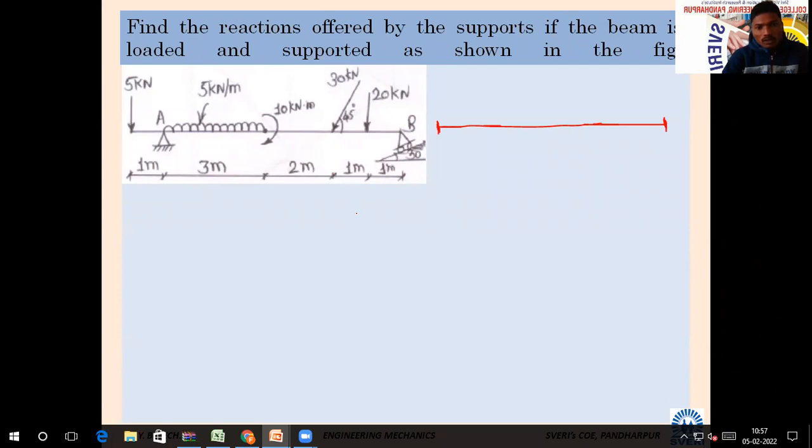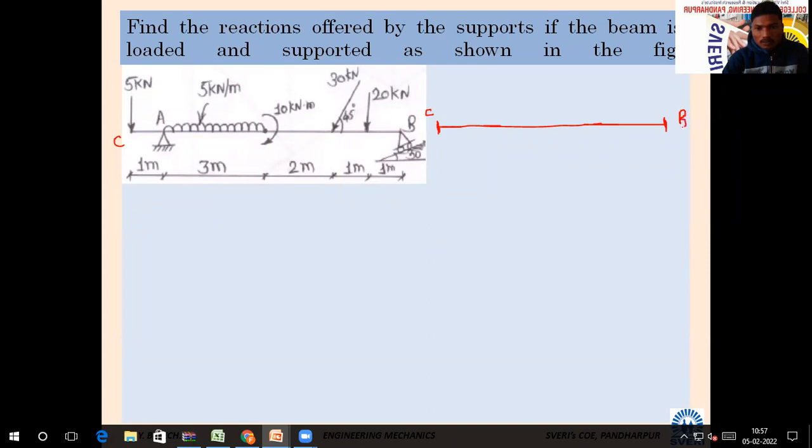Okay, which type of supports are there? One is roller and another one is hinged. I will give the name point C here. Is there any reaction at point C?